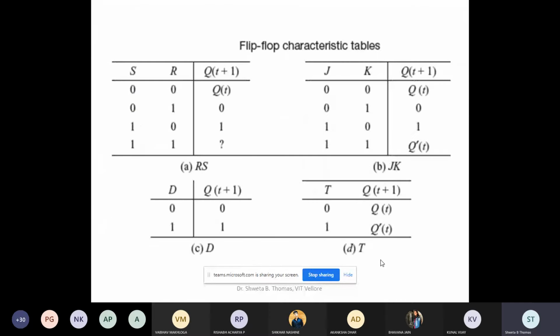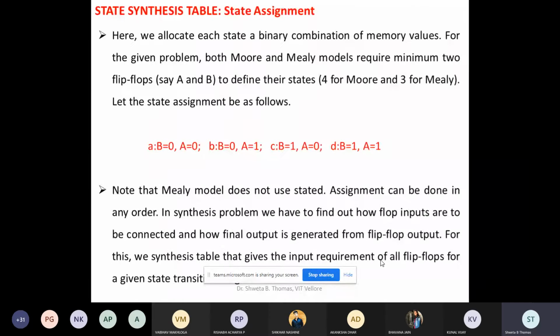Okay. Now next, what we need to do, we have to go for the state synthesis table that we need to form. For this state synthesis table, first we have to find the state assignment. What I told you, if you're taking the Moore, you need 4 different states, but if you're taking Mealy, only 3 states are required.